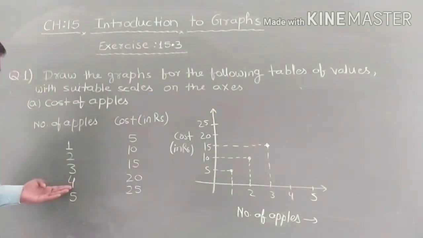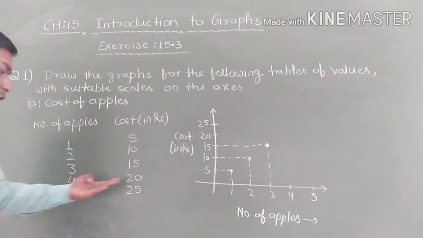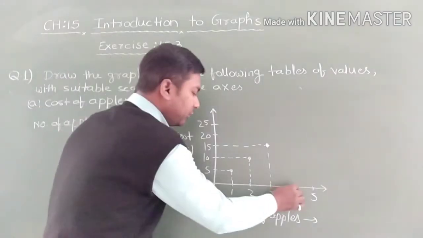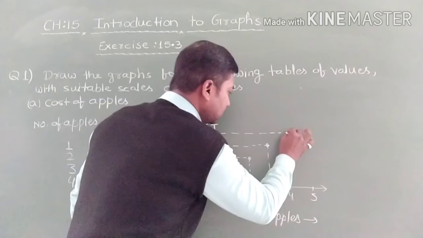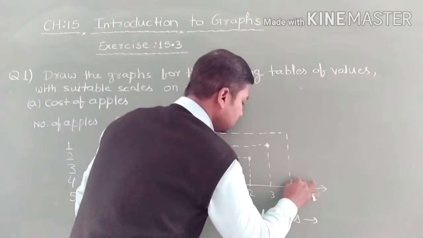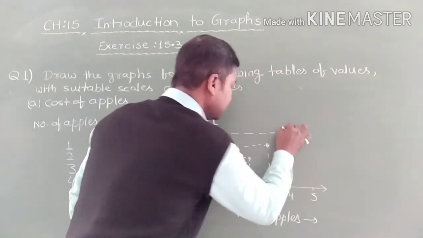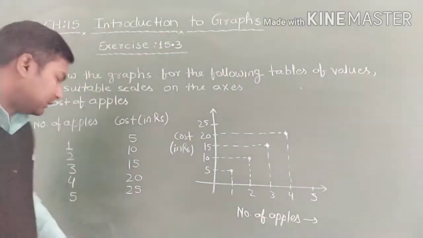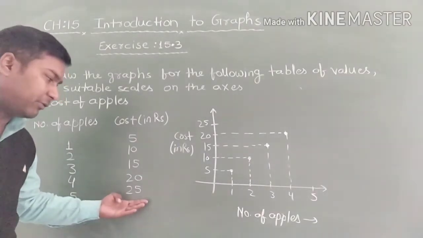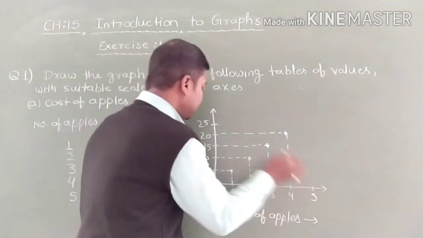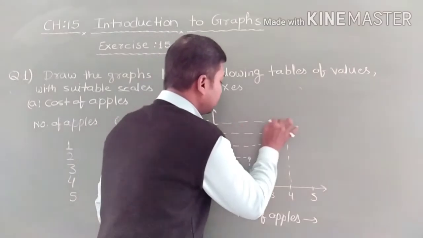Now next, number of apples 4, cost 20. So it will be 4 and it will be 20. Now again draw a dotted line. So this point is 4, 20. Similarly, number of apples is 5 and cost is 25 rupees. So this is 5 and this is 25. Now just draw a dotted line.